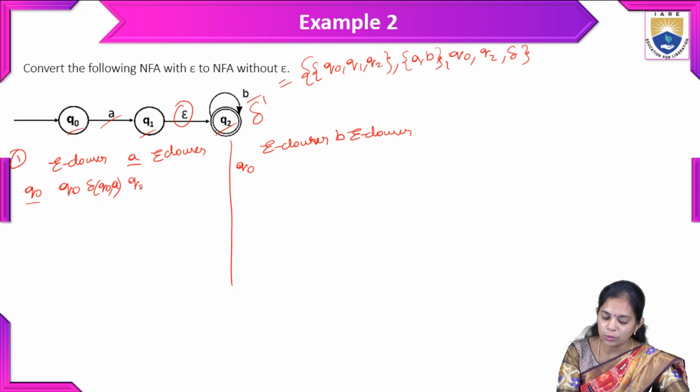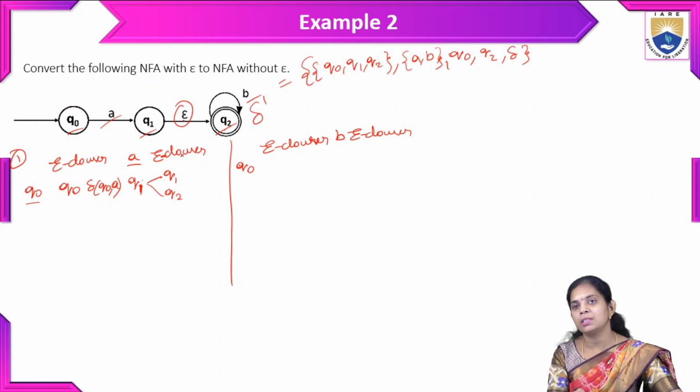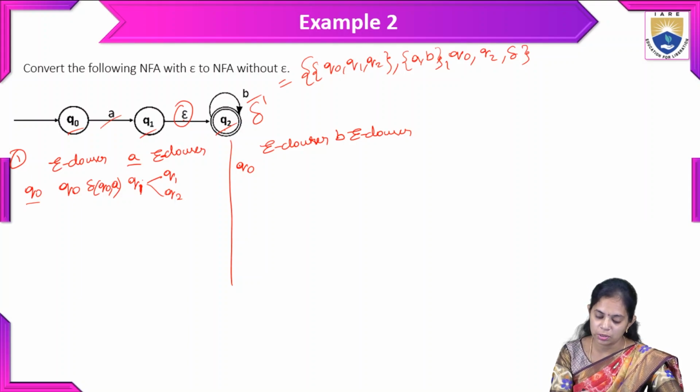That is the value Q1. So the epsilon closure of Q1 has 2 things, that is Q1 and Q2. Why? Because an epsilon move is there leading to the Q2 state, and every state itself has the epsilon symbol.